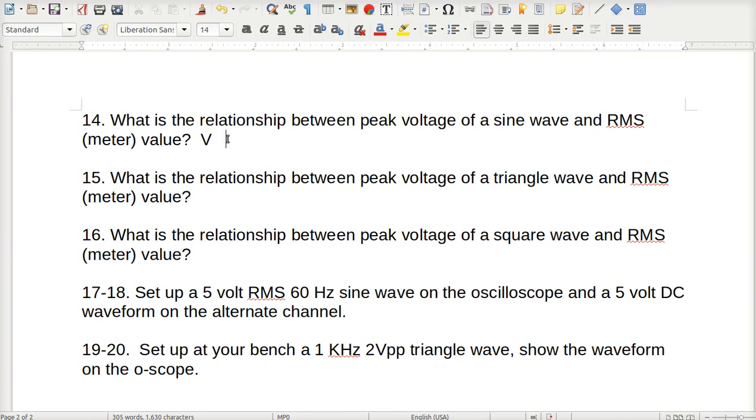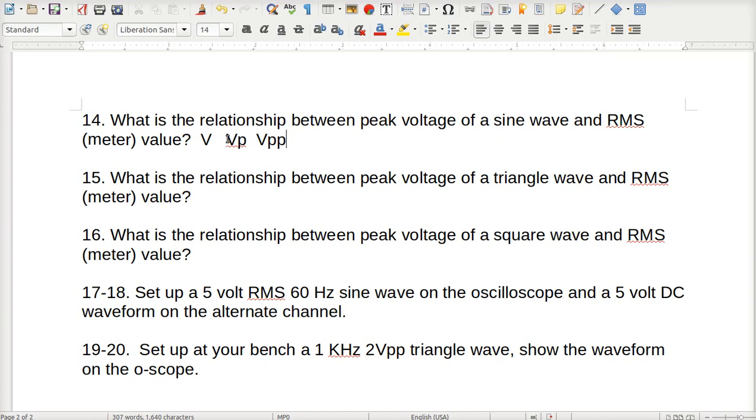If it's a VP, then they mean peak voltage, which you can get off the oscilloscope directly. And if it's VPP, then they're looking for peak-to-peak voltage. But your multimeter, bench multimeter, will always read the RMS value. Okay?